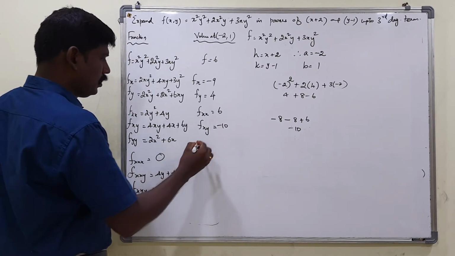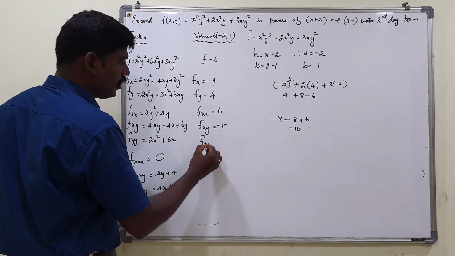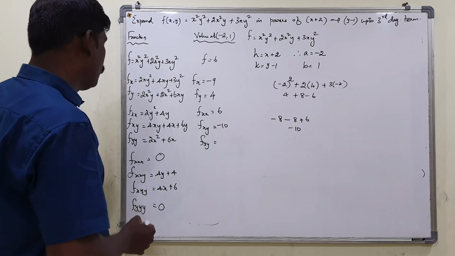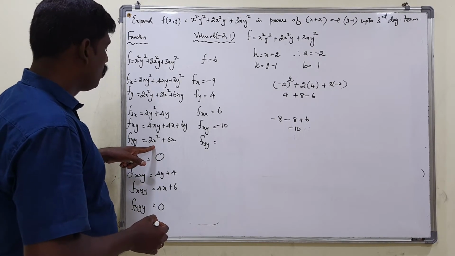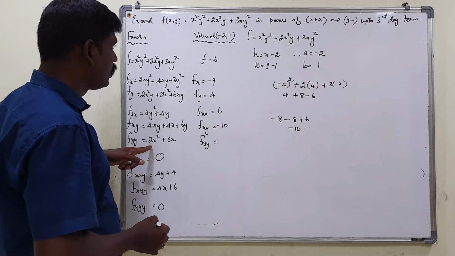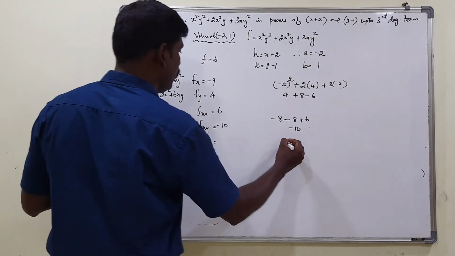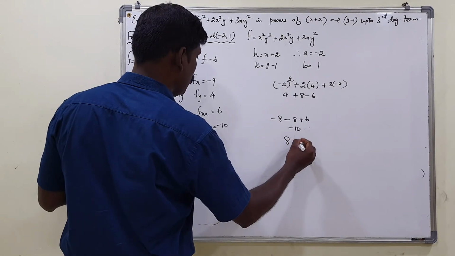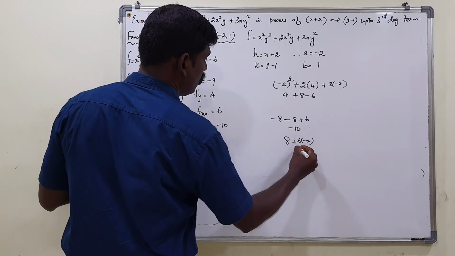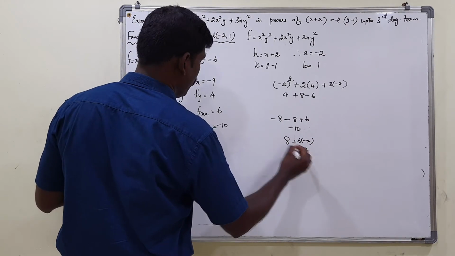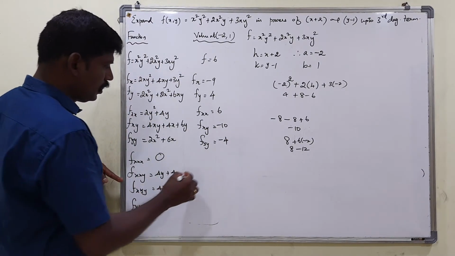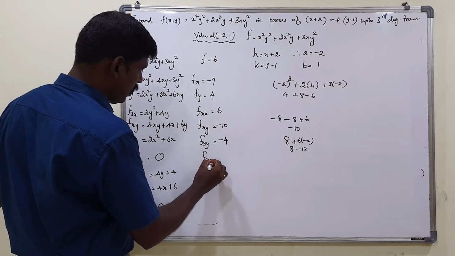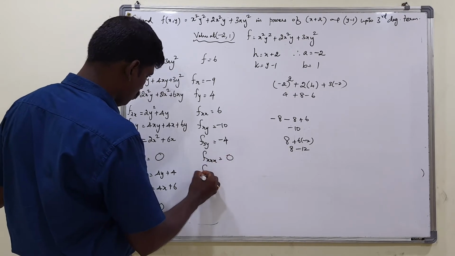So minus 10. And then f double y equal to, substitute that value. Minus 2 is here, so plus 4, 4 twos are 8. 8 plus 6 into minus 2, so minus 12 plus 8, minus 4, isn't it?